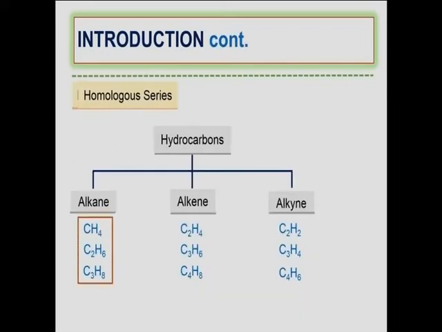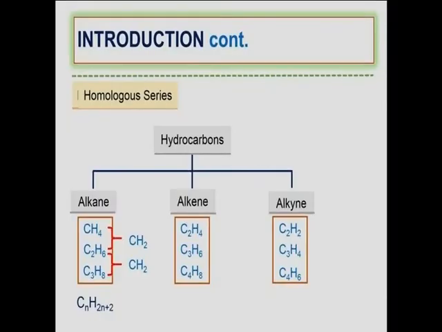So this is one homologous series of alkane, and we have another homologous series of alkene, and subsequently the homologous series of alkyne. The important property that the homologous series will exhibit is that the successive members differ by CH2 group in all homologous series, be it alkane, alkene, alkyne, alcohol or carboxylic acid.